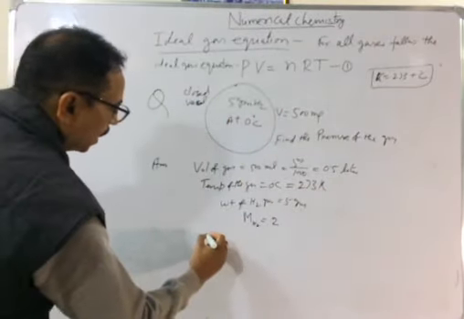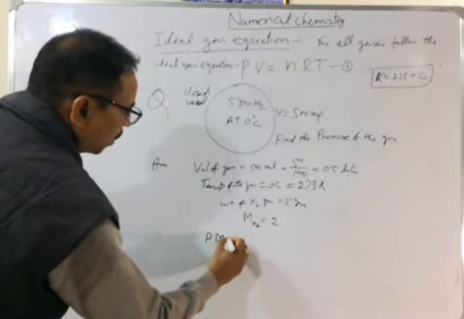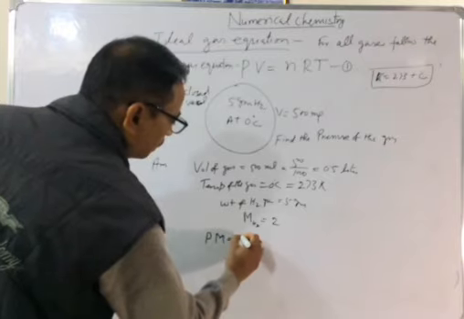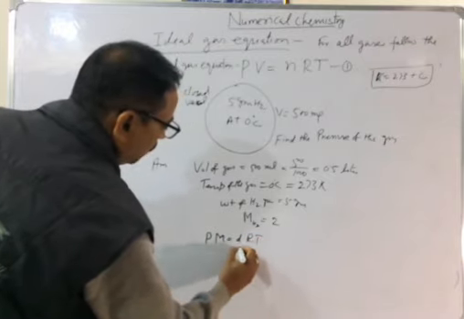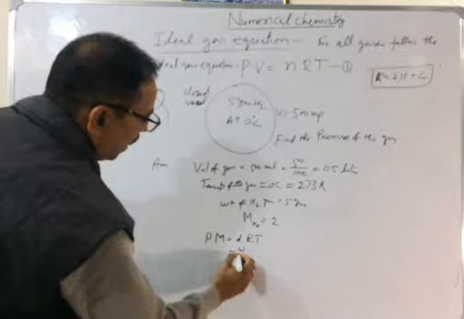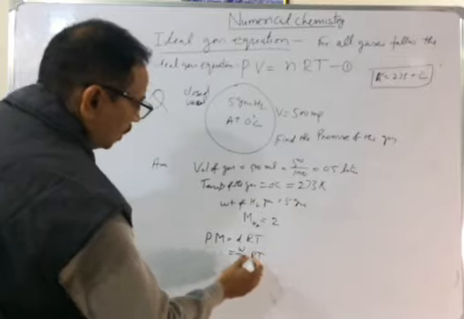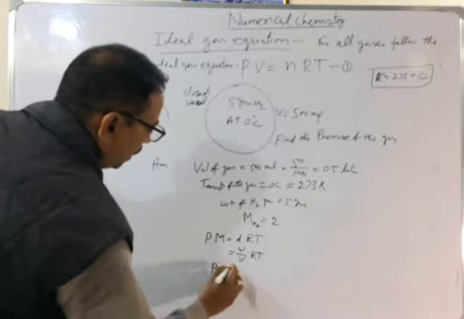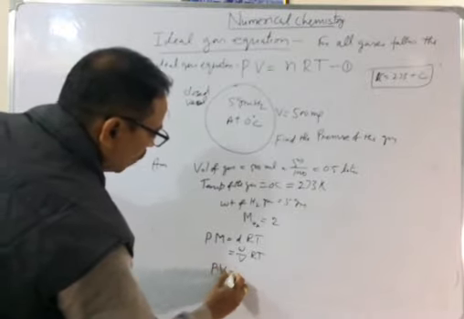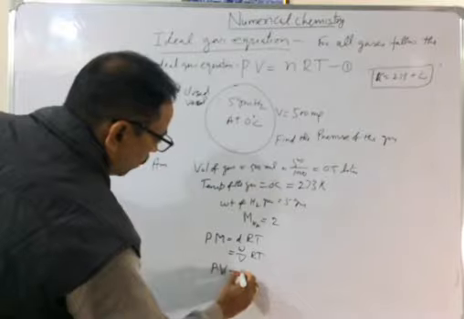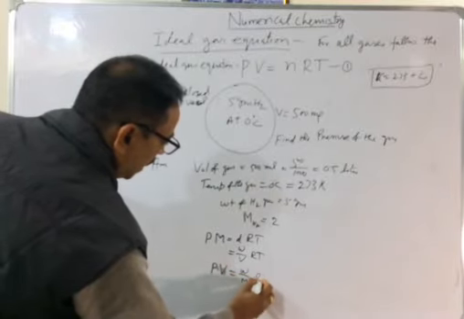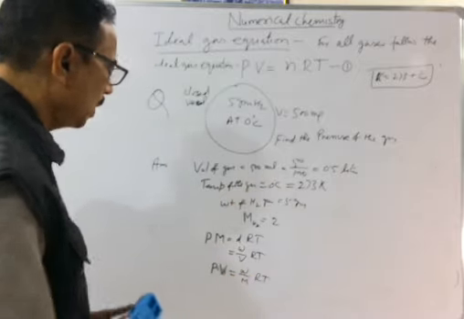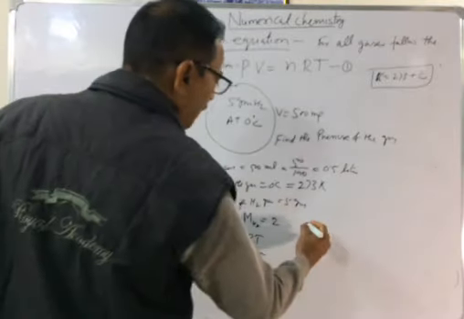Just I have told you earlier, PM equal to dRT, or say weight by volume RT, just inverse, this will come. So PV equal to weight by molecular weight RT. The same number of moles, weight by molecular weight. So you have to find out the pressure.